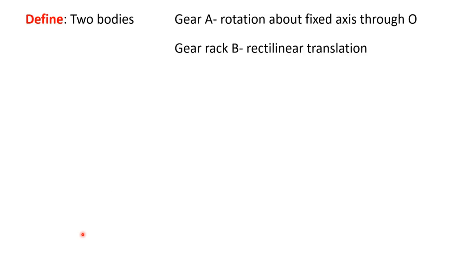So we're going to have two bodies. We have gear A, which only has a rotation about a fixed axis through point O. The gear rack has only a rectilinear translation horizontally.